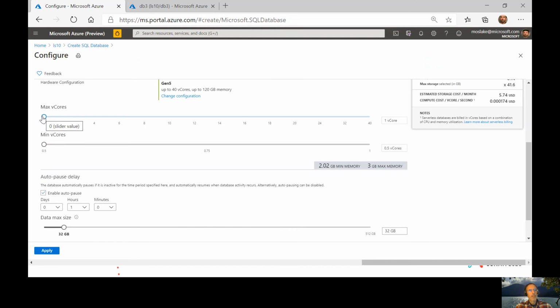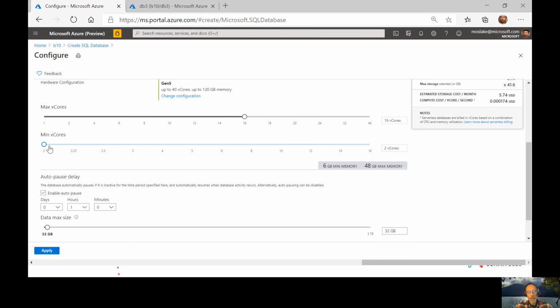So I can make adjustments to the max number of cores, picking the number of cores that the serverless database will be able to scale up to, all the way up to 40 cores. I can also make adjustments to the minimum number of cores. And again, I may want to do that because that's a setting that's respected by the service, which will never scale below it.